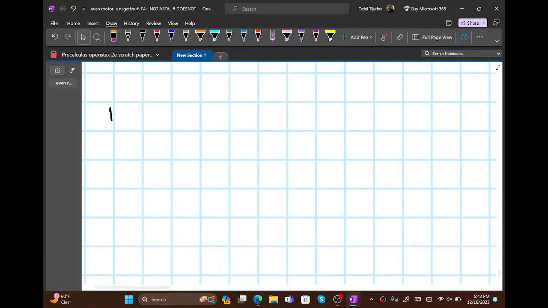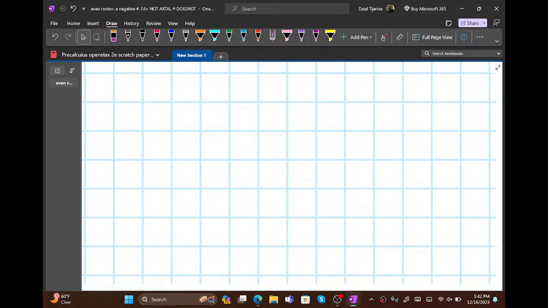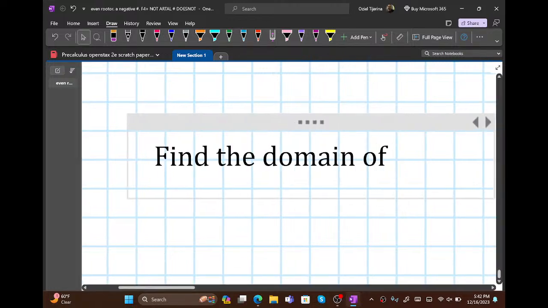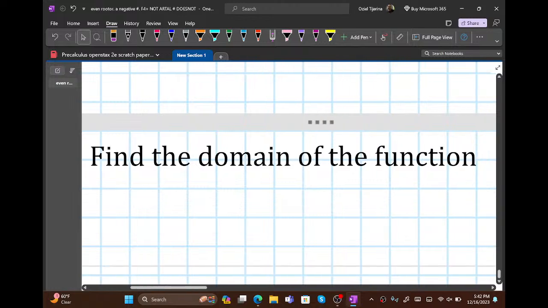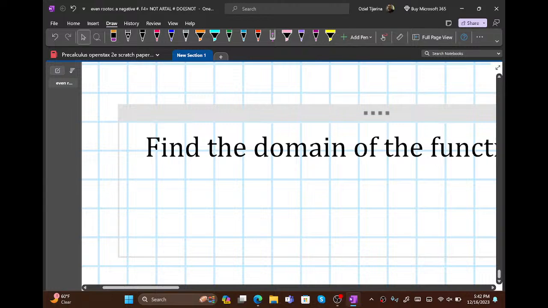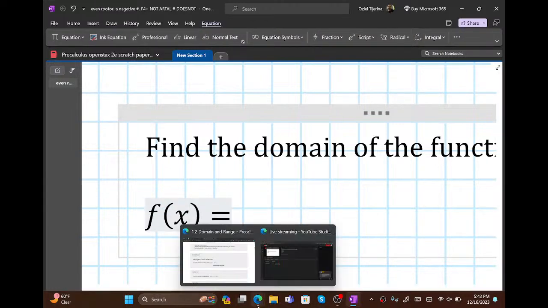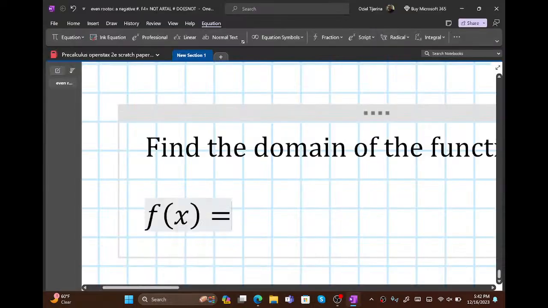So example 2 says find the domain of the function. And this says the following: f of x equals, and what was it again? Hold on. X squared minus 1.